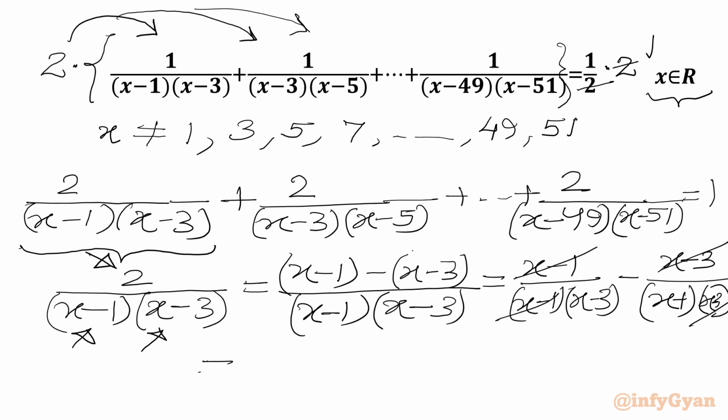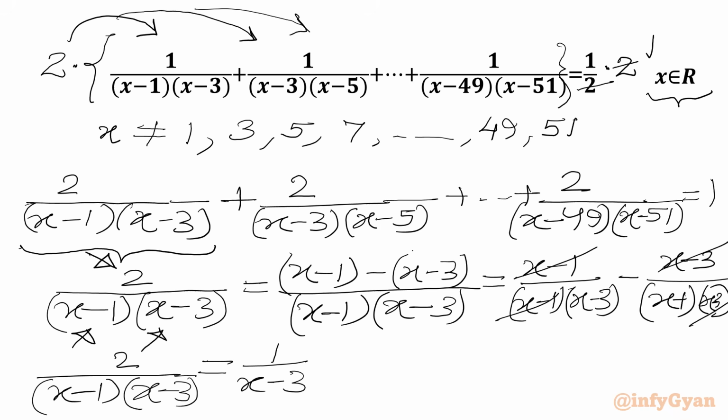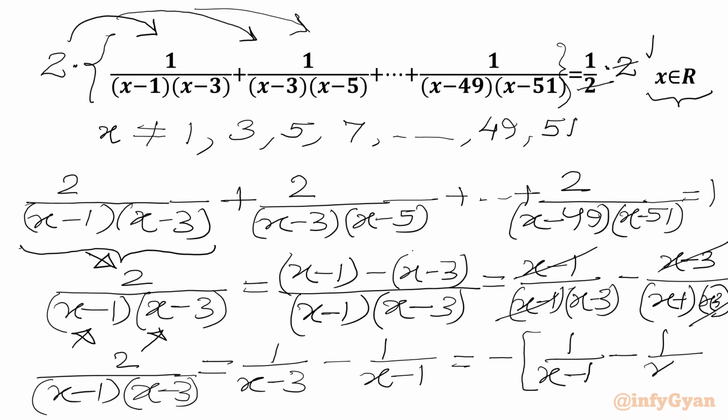So we will get our first term 2 over (x minus 1)(x minus 3) will be 1 over x minus 3 minus 1 over x minus 1. Now we can take minus common and write in order 1 over x minus 1 minus 1 over x minus 3.